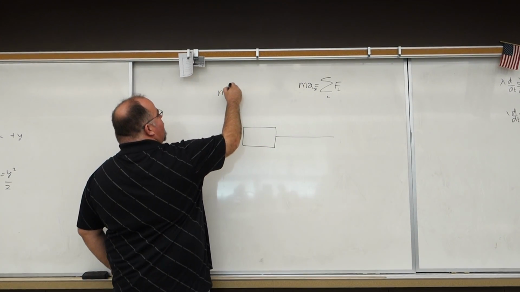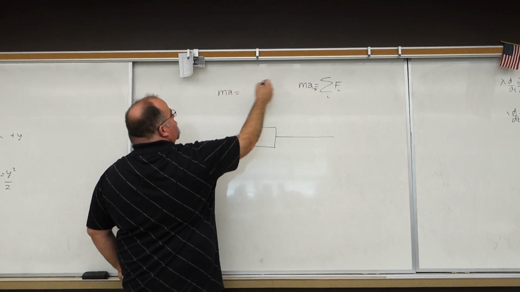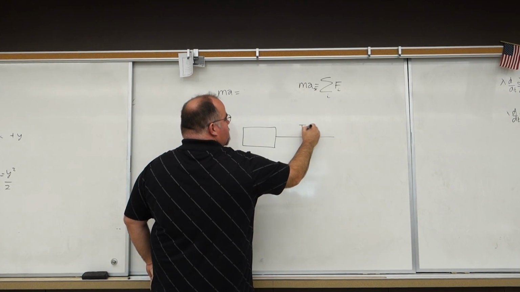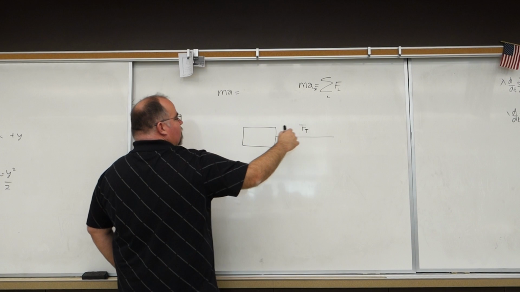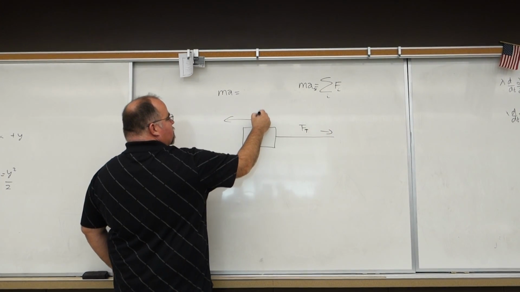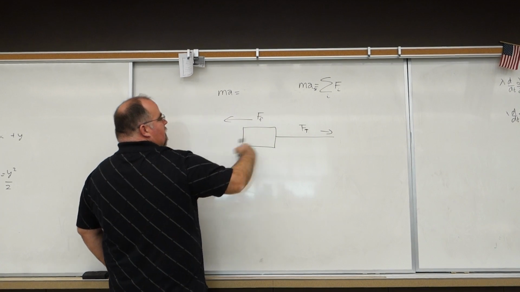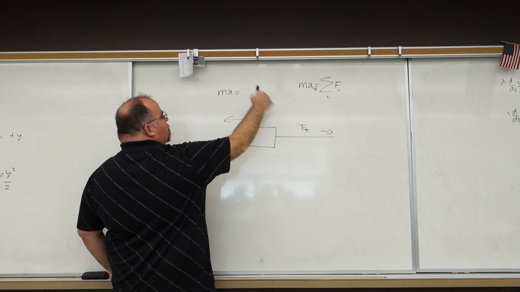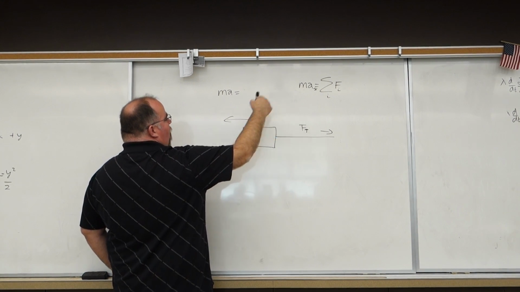So you have ma equals the force of tension, I've been using F sub T for that, in the positive direction, and then the force of friction in the negative direction. It's possible this box is moving.